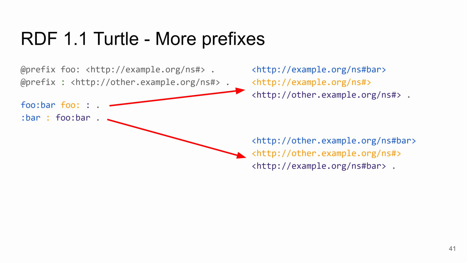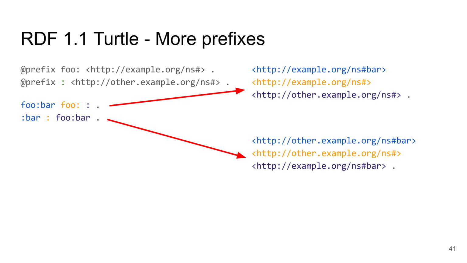Another thing I wanted to mention is that you can use the prefix with nothing after it, and in that case it represents the IRI of the prefix. And we can see combinations of these two types of handling of prefixes in the 2 triples that we have in the slide. So we have foo bar, that's the typical foo prefix and bar after it. Then we have the foo prefix used as a standalone, which represents the IRI of the foo prefix and nothing after.